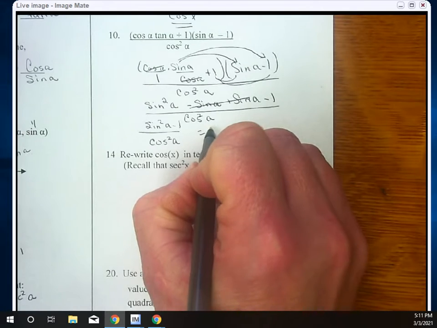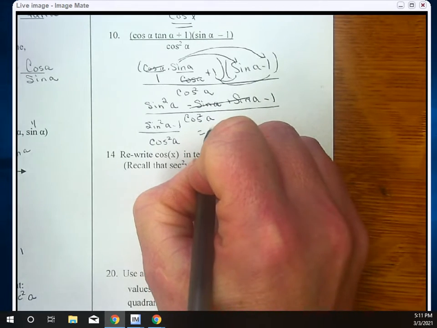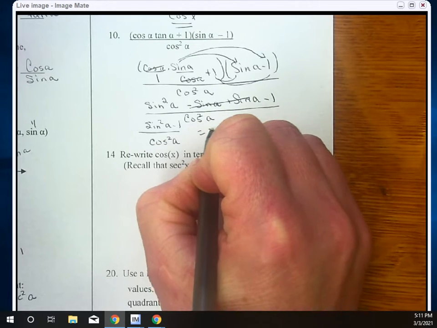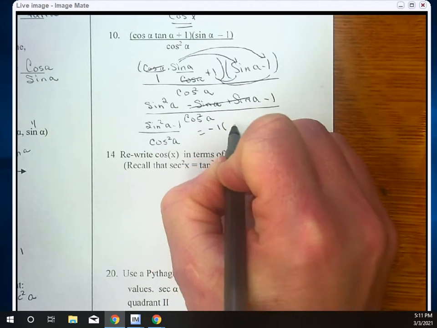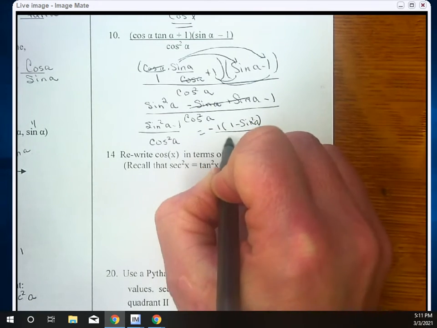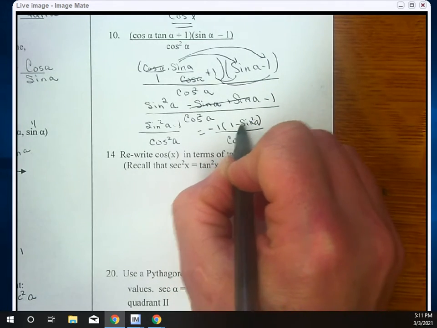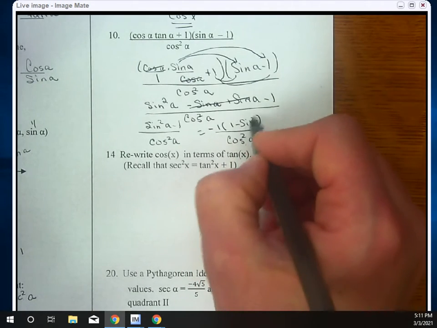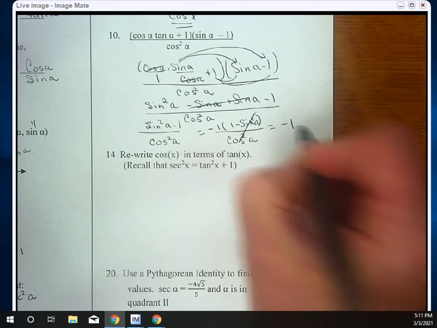Now, you should recall from pre-cal or your Algebra 1 class, college algebra class, that I can factor out that -1, which gives me 1 minus sine squared of alpha. And the 1 minus the sine squared of alpha is equal to cosine squared of alpha. Cosine divides cosine, leaving -1.